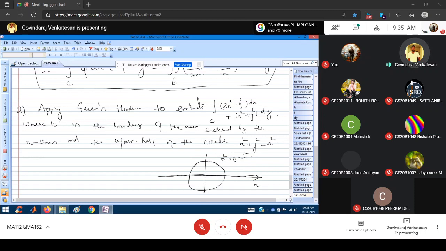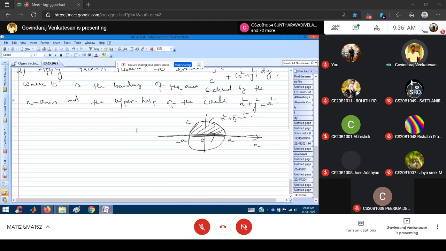We have to evaluate the integral within that region. The values are from minus a to plus a, and this is the curve. Now this is your C. C is moving anti-clockwise from the point minus a to plus a along the curve. So you have to apply Green's theorem for this problem.